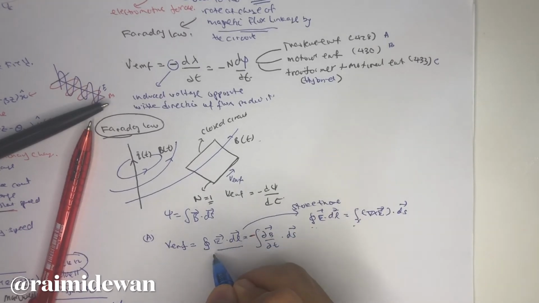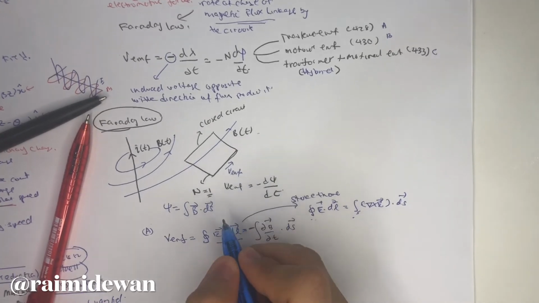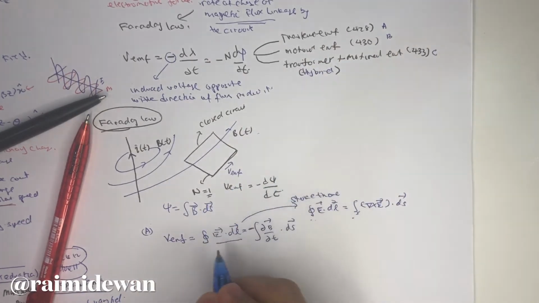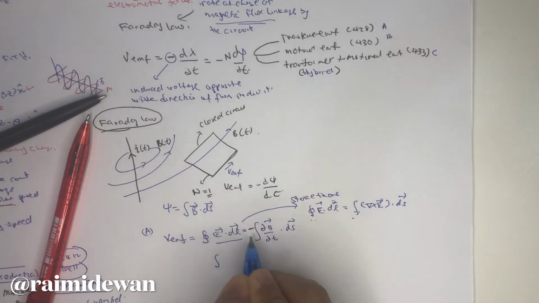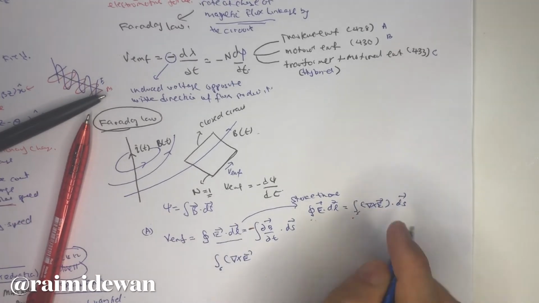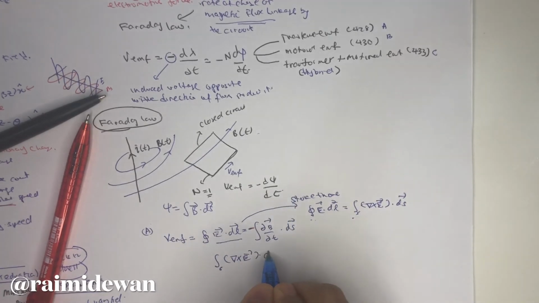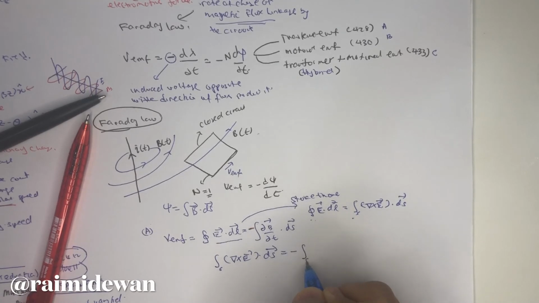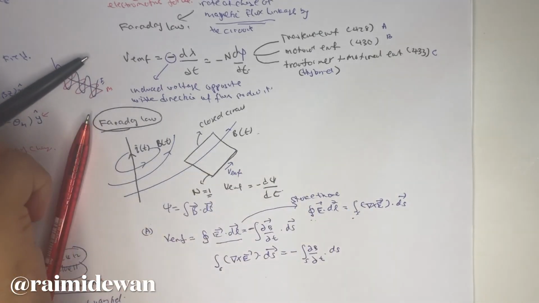So when we want to include this in our transformer EMF, case A, you will have another derivation of this VEMF. You have the curl of E, just like this, dot with your surface ds. Then you have negative dB over dt, and you have your ds.